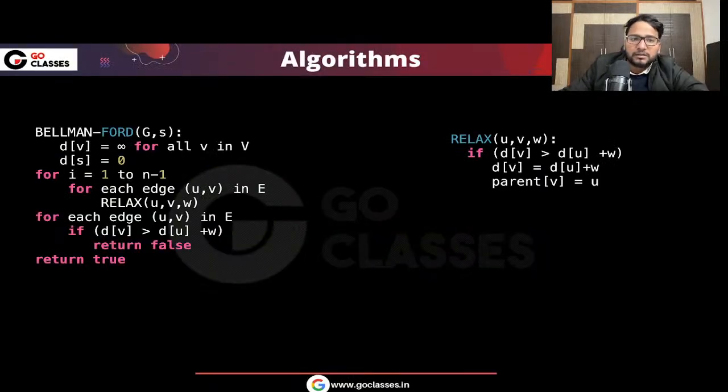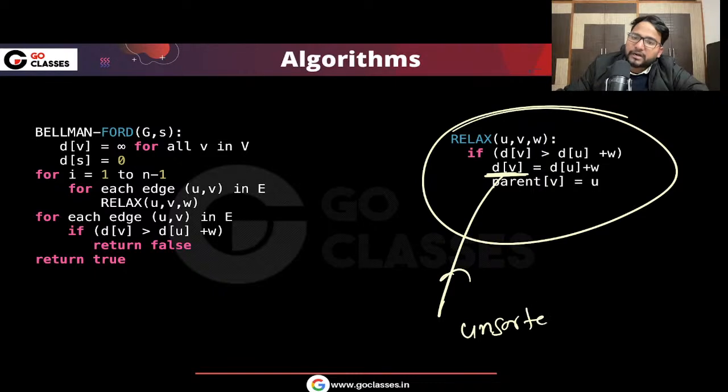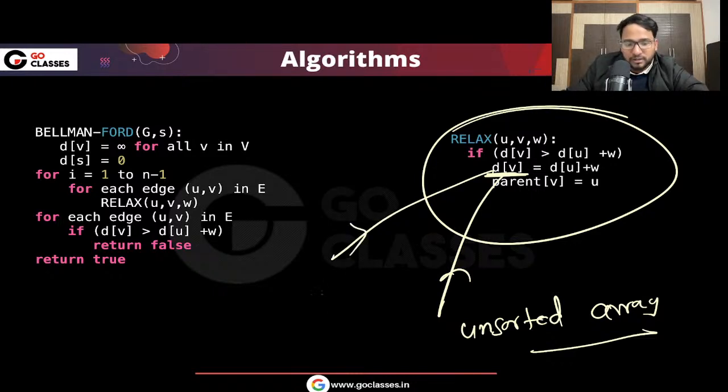If you want to maintain the parent, you can do it, but here this D is just an unsorted array. So relax is just update in an unsorted array. In Dijkstra, the same thing was the decrease key, because it was a heap.